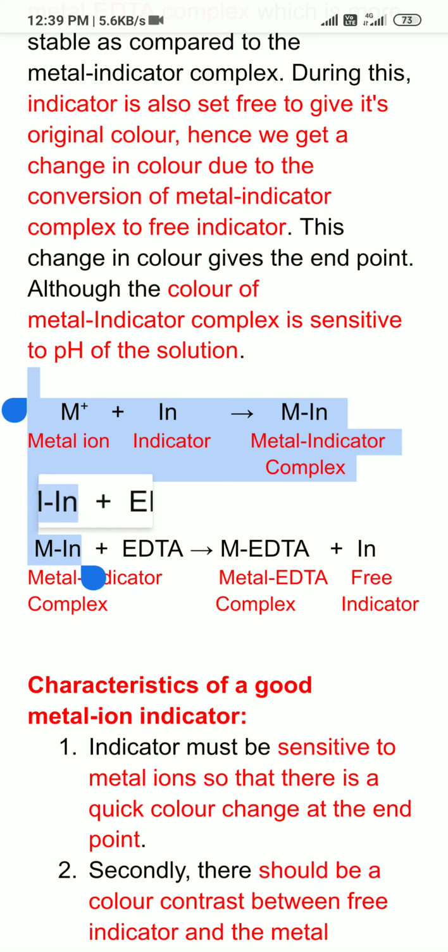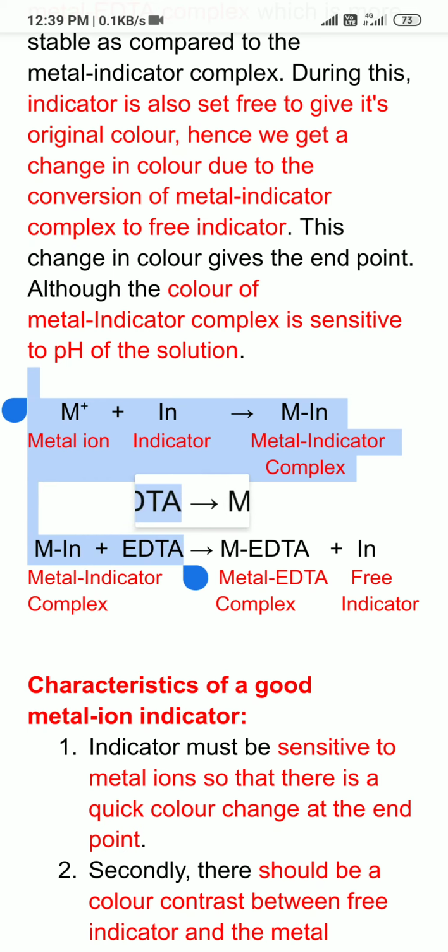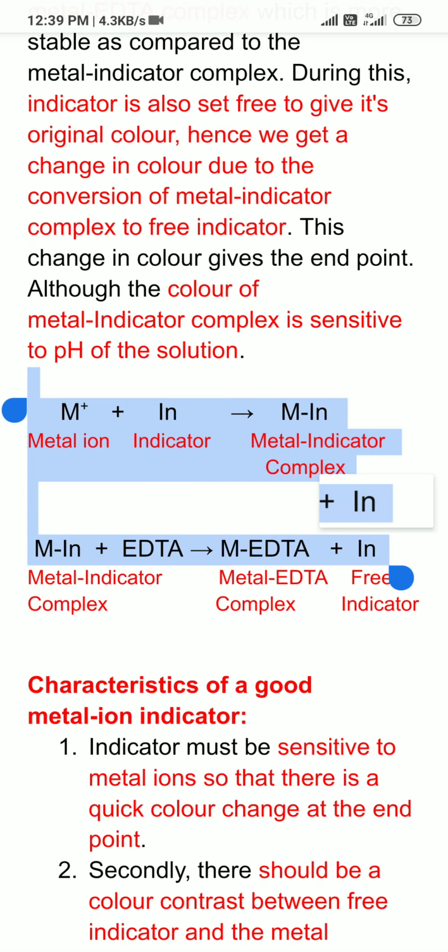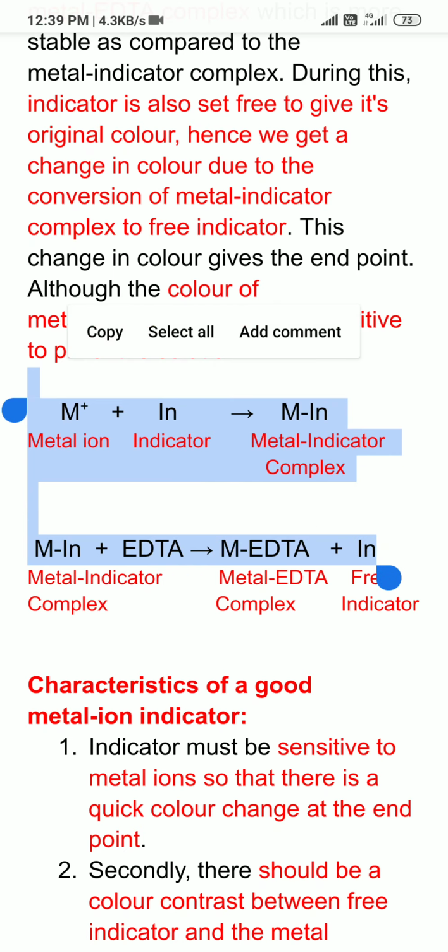Now when EDTA is added, then EDTA replaces indicator from the metal ion and indicator is set free. This free indicator is having different color. So we can say that upon adding EDTA, there is change in color of the metal indicator complex into the color of free indicator. So this change in color is detected in complexometric titrations.